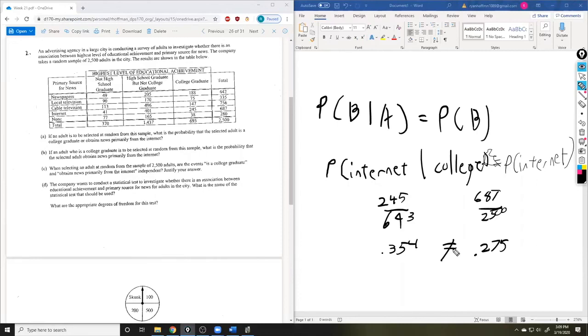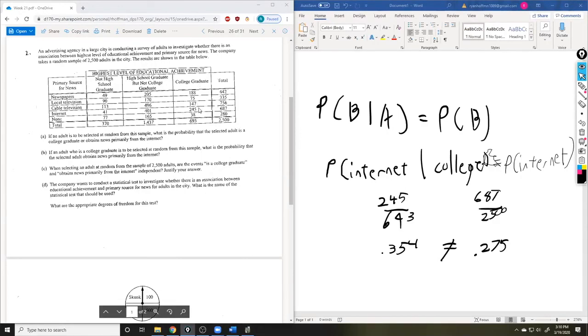So just to go through that one more time, if you're trying to figure out whether these two things are independent, I ask you, what are your chances that someone gets their primary source of news from the internet? You think about that question and you get the probability. Then I tell you, now I'll also tell you that this person graduated from college.